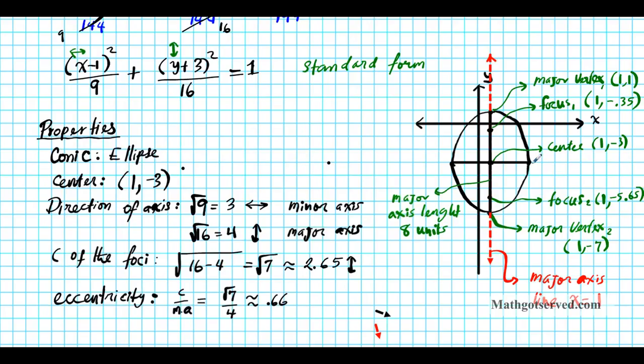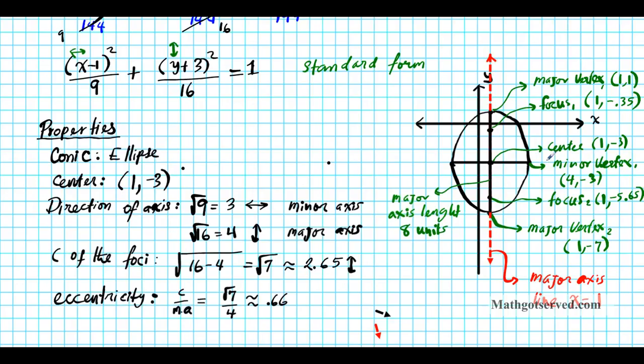So this is minor vertex 1, and the coordinates are, let's see, 1, 2, 3, 4, 4 comma negative 3. Or you can simply subtract 3 from your x coordinate of the center, and then that takes you right here.